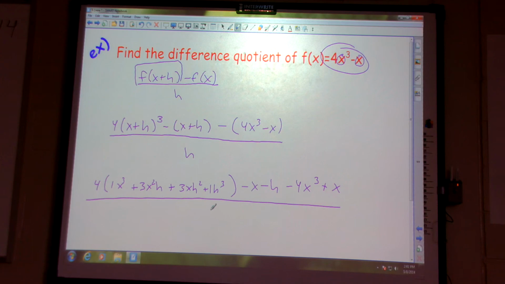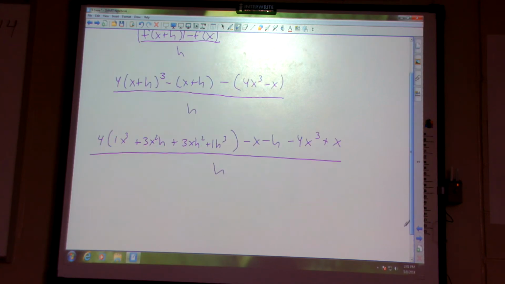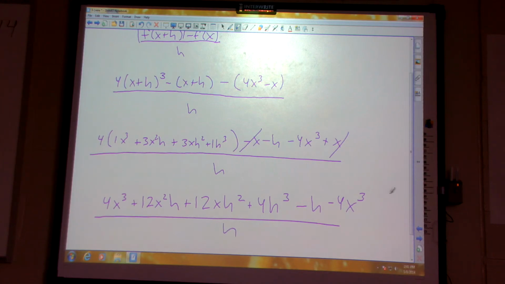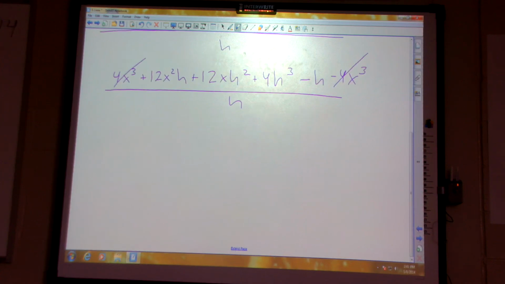All over h. Well, I can at least cancel the x's for now. Let's distribute: 4x cubed plus 12x squared h plus 12xh squared plus 4h cubed minus h minus 4x cubed all over h. Cancel, cancel. Everything left has an h, so now I factor it out.